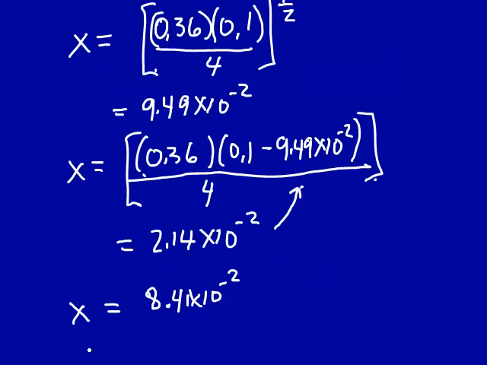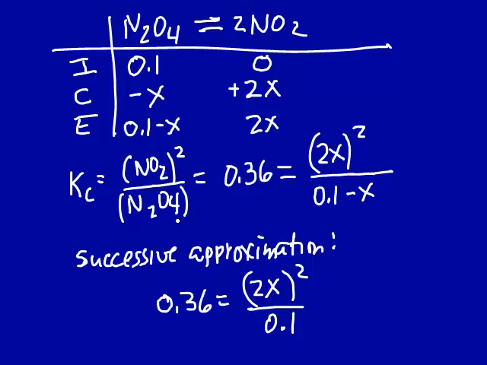So let's bite the bullet and go ahead and do the quadratic formula. So if we go back to this equation here and multiply everything out without doing that explicitly, I'll let you do it. I'll just write down what the result is. The result is 4x squared plus 0.36x minus 0.036.